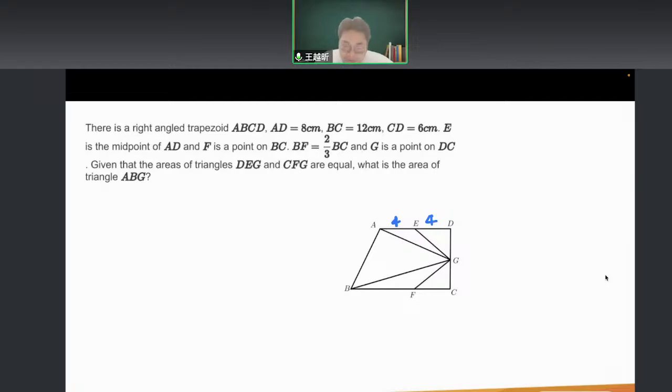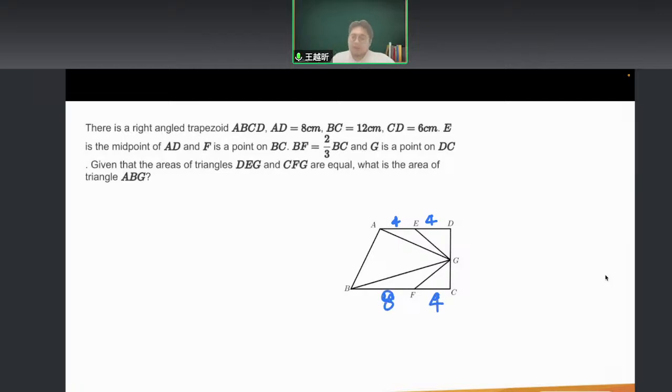But we don't know G is any point, but we know F actually is 2 over 3 of BC. So BF equals to 2 over 3 BC. So maybe this one is A, and this one is 2A, and BC is 12. Actually, we can calculate. This one is 4, this one is 8.